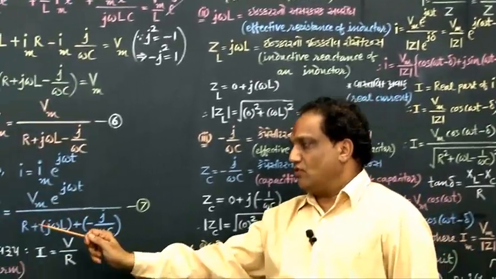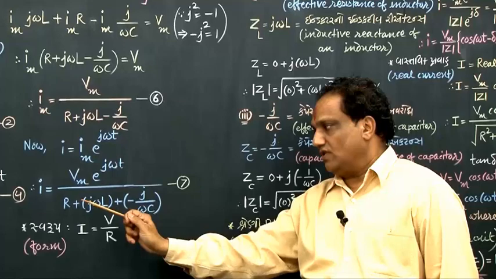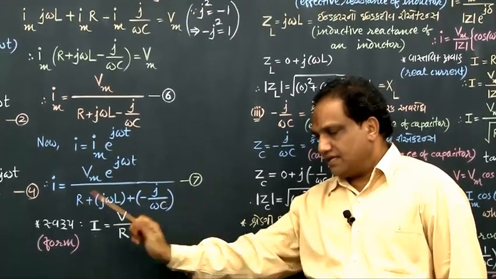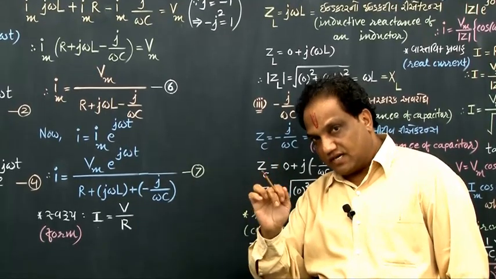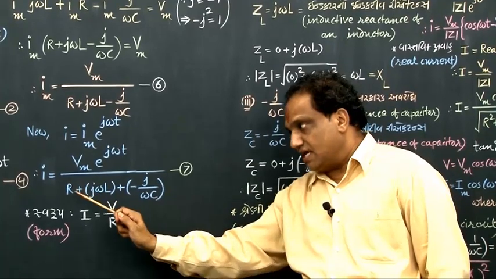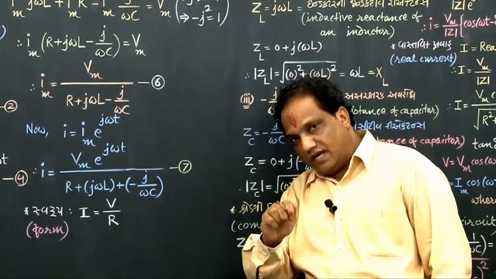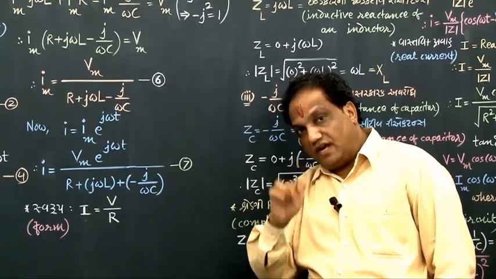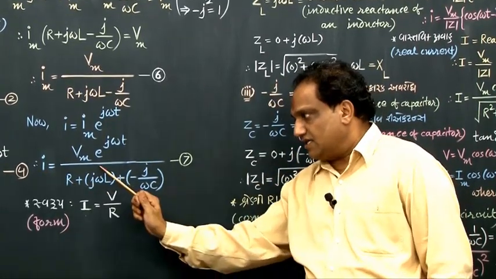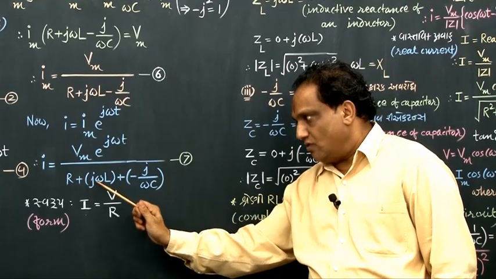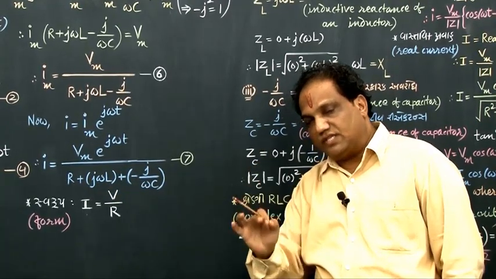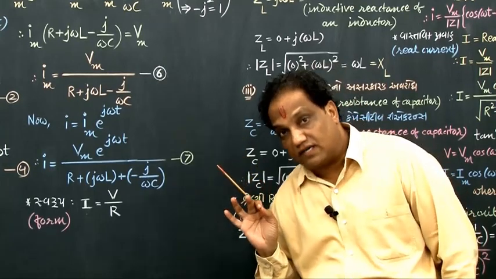Now all of you please be careful for all these terms. As the effect of a resistor on the current is given by resistance R, similarly the effect of an inductor on the current is given by this term, j omega L, which is giving you the effective resistance provided by an inductor.